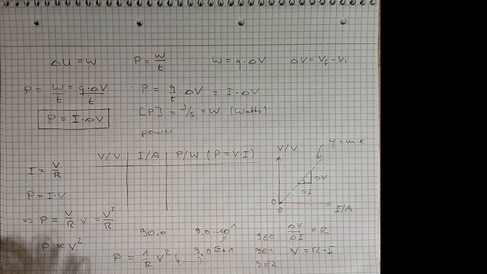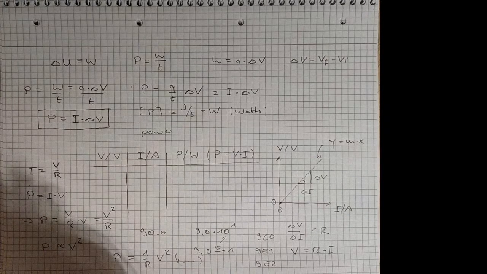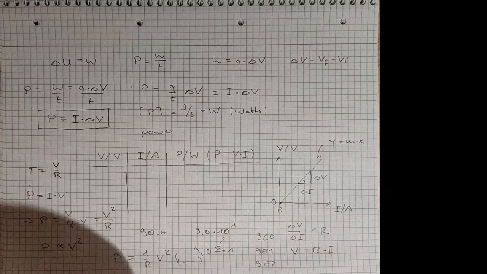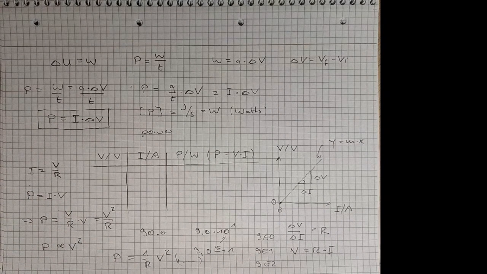What is it? It is 1 divided by the factor we have here in front, 1.002 E negative 4. And okay, we are pretty close to the one we got here from the linear model.